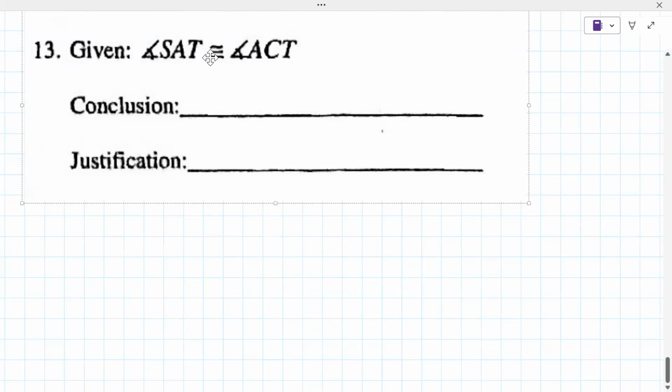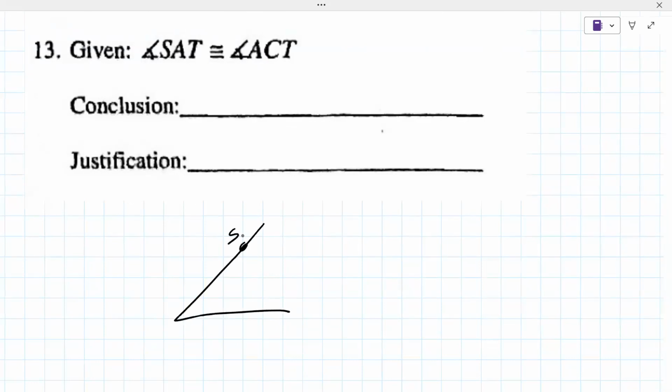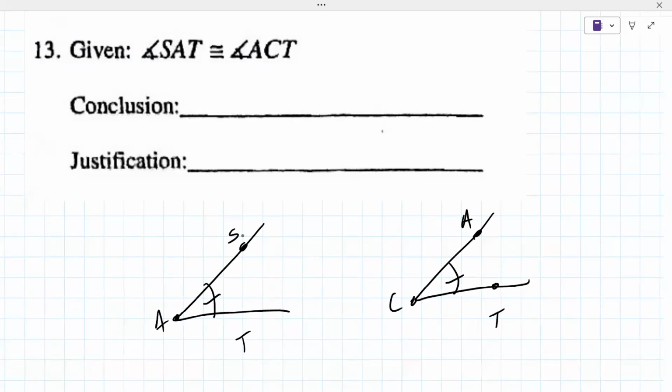Given angle SAT is congruent to ACT. They're just saying the angles are congruent. That's it. You don't have to draw them next to each other. We just know that they are congruent. We wrote this earlier.